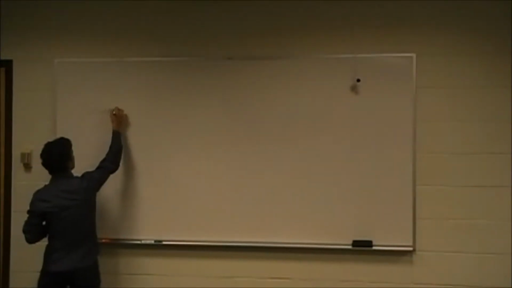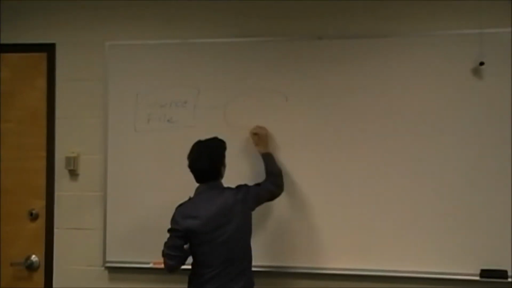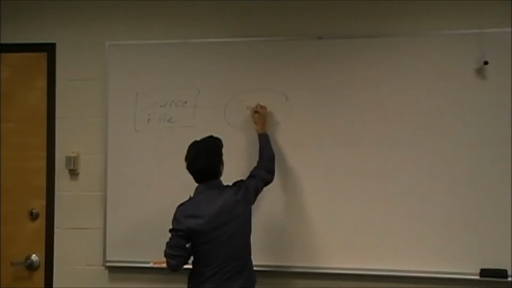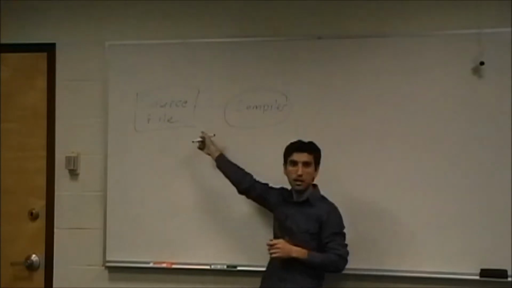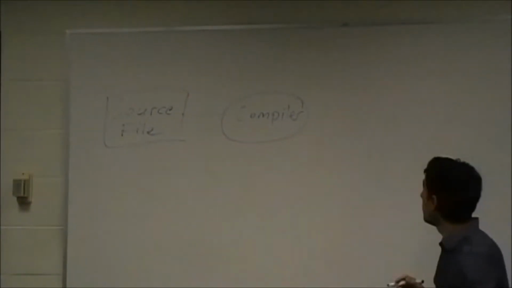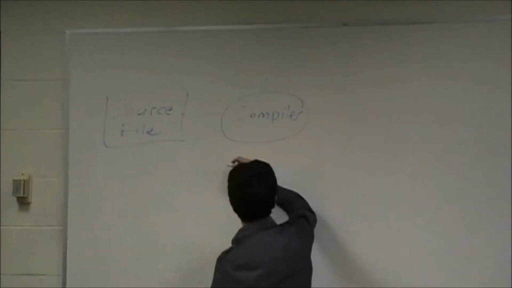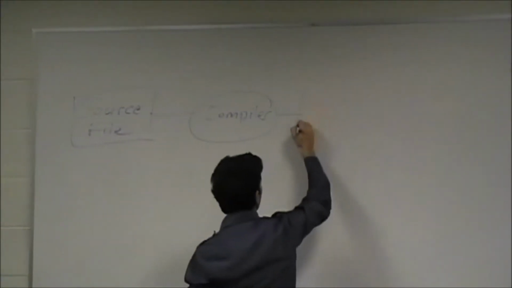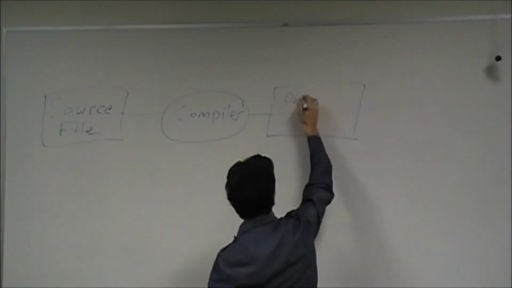So we have a source file, and this source file goes to a compiler, because what we write is not understandable by the machine. The machine only understands zeros and ones, as we know. So this source file goes to a compiler, and it turns into the thing that is called an object code.